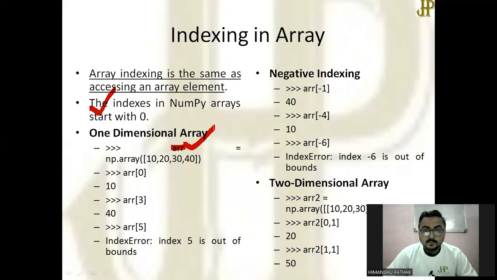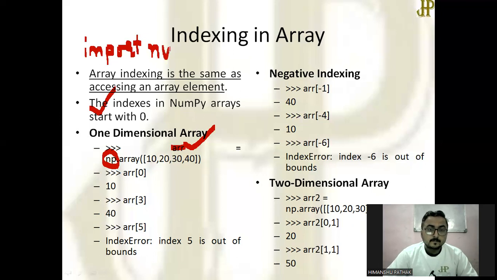To do this, what is to be done? This NP is the alias name of what? NumPy. And to do this, we have to import NumPy, and now I want to give an alias name, so as NP.